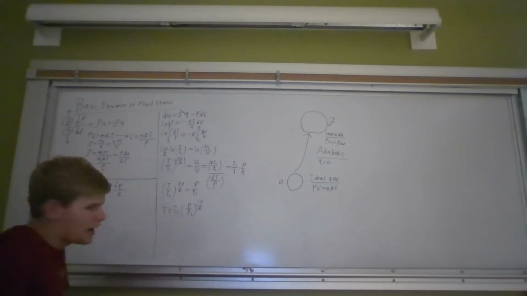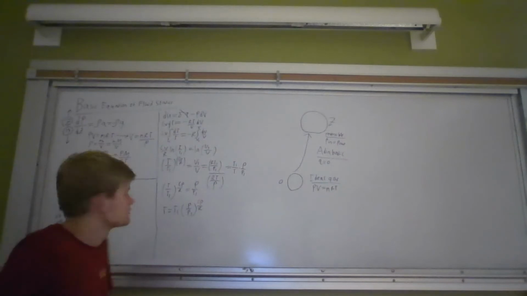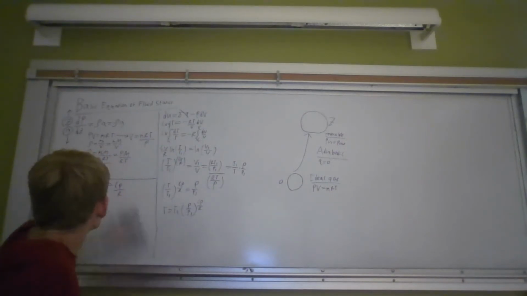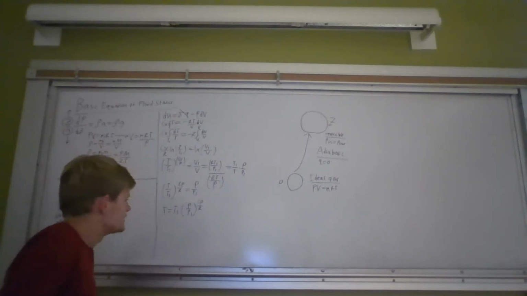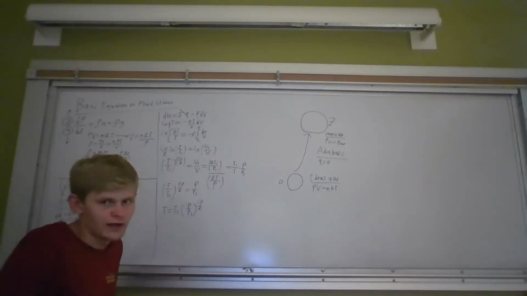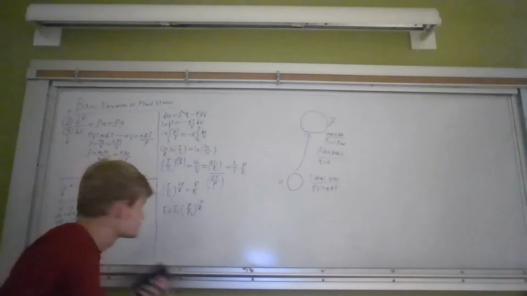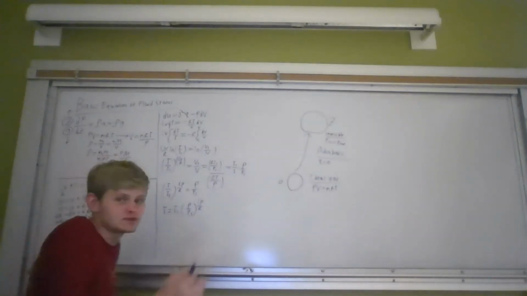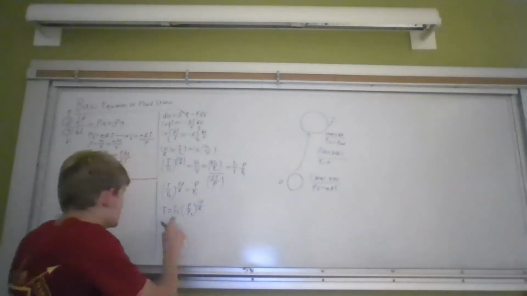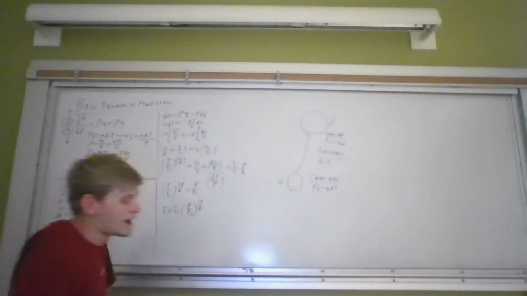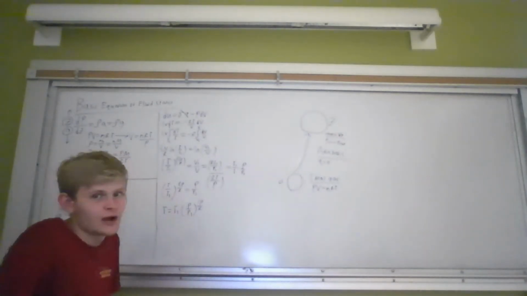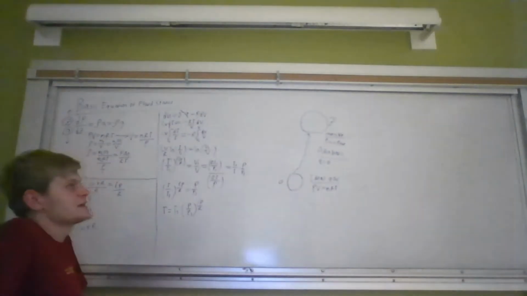And now I believe we are ready to start plugging everything back into our basic equation of fluid statics and start to find a function for pressure. Since we have pressure here, we can then use the pressure value we find and plug it into this in order to get a true function that's going to correlate to how our altitude changes with pressure and temperature.